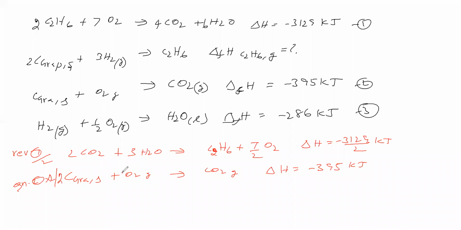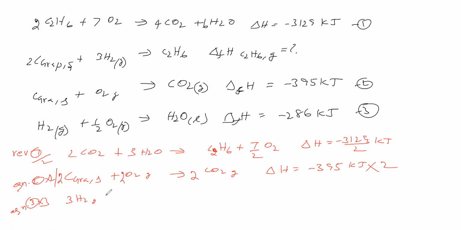So 2 times graphite, 2 times O2, 2 times CO2, multiply 395 also by 2. Then in the required equation, we want 3H2. Therefore, take equation number 3, H2 is available, and multiply equation number 3 by 3.